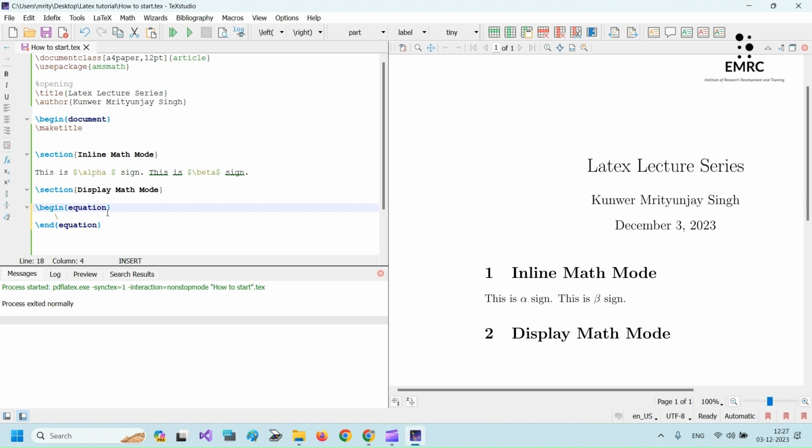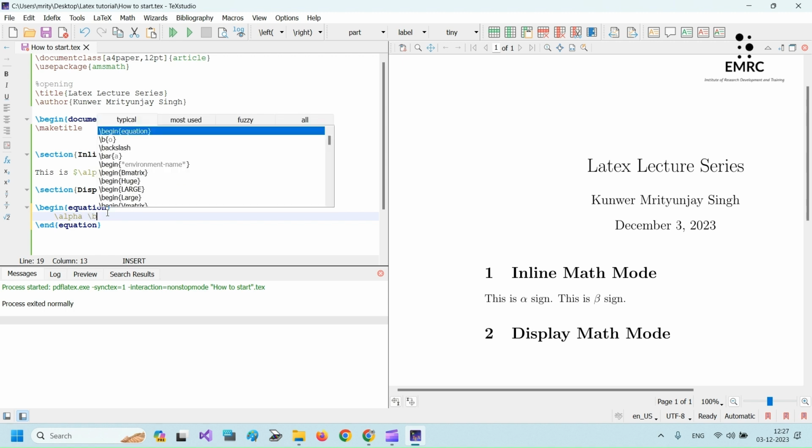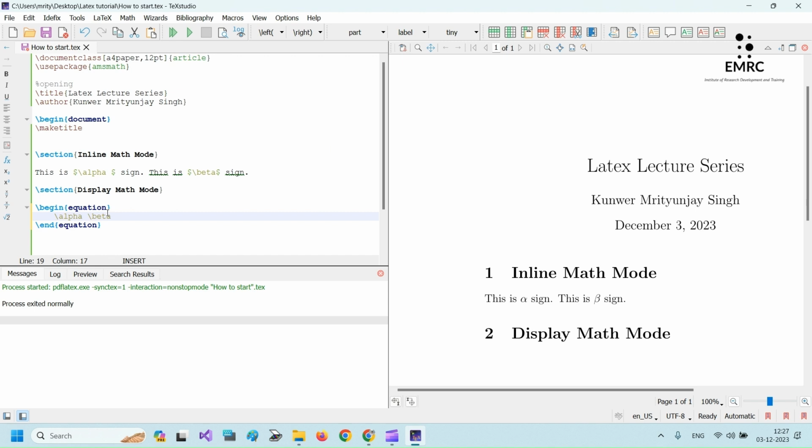So this equation environment is called display math mode. Now you have to insert that symbol here, backslash alpha. Similarly, you can write beta. Other symbols you can use. There are several symbols. I'll show you.